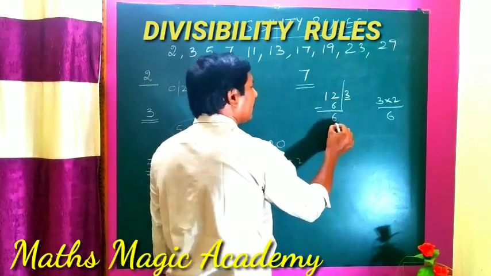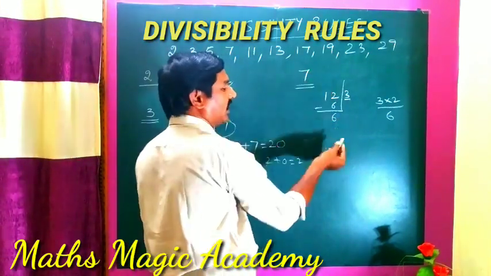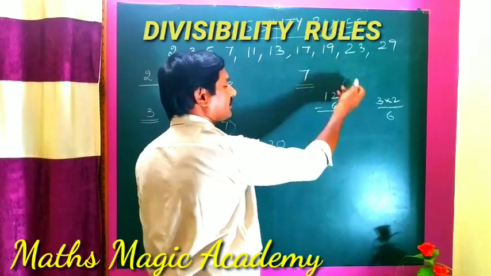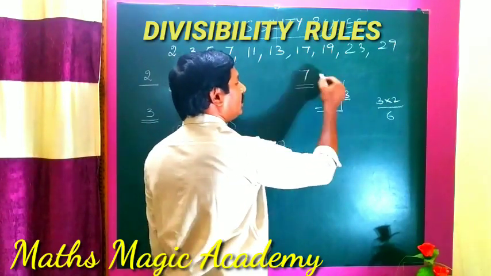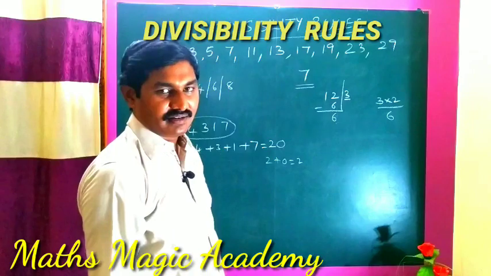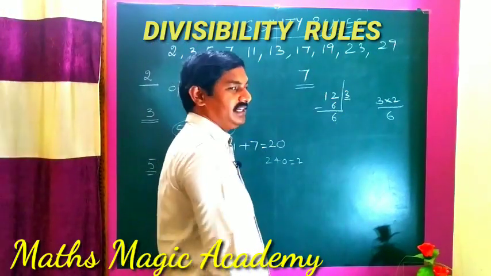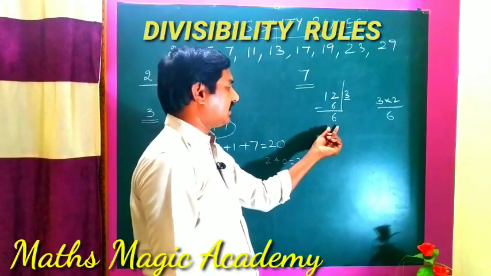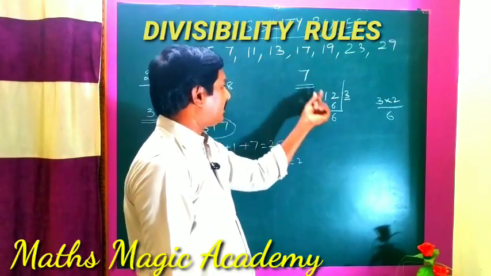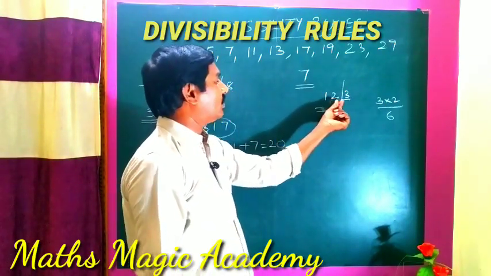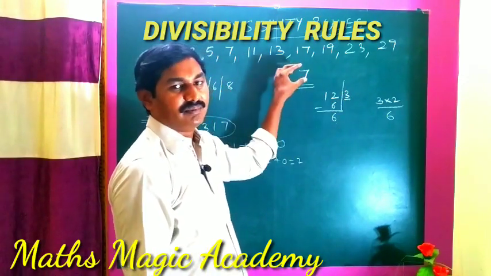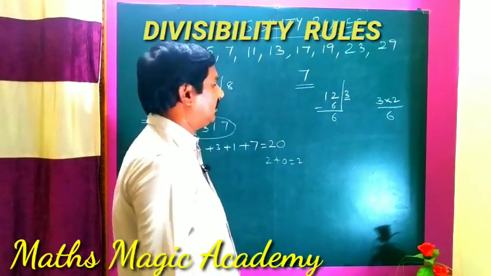If this 6 is in the 7 table, or if 6 is a multiple of 7, then we can say 123 is divisible by 7. Otherwise, 123 is not divisible by 7. Here 6 is not a multiple of 7, so we can say 123 is not divisible by 7.